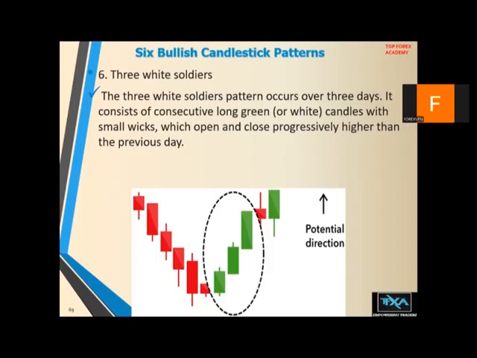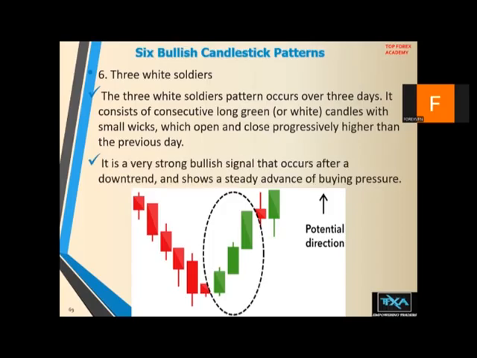It consists of consecutive long green or white candles with small wicks, which open and close progressively higher than the previous day. It's a very strong bullish signal that occurs after a downward trend and shows a steady advance of buying pressure.